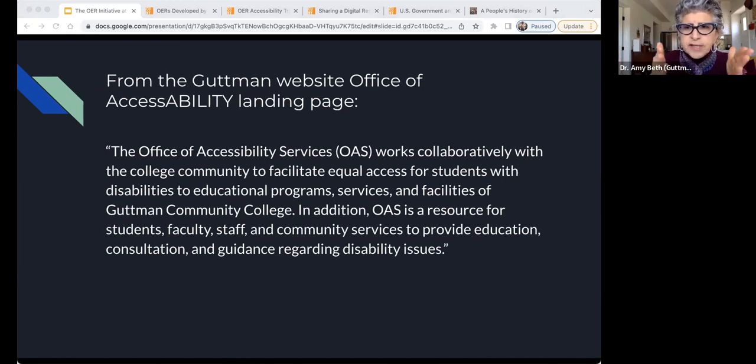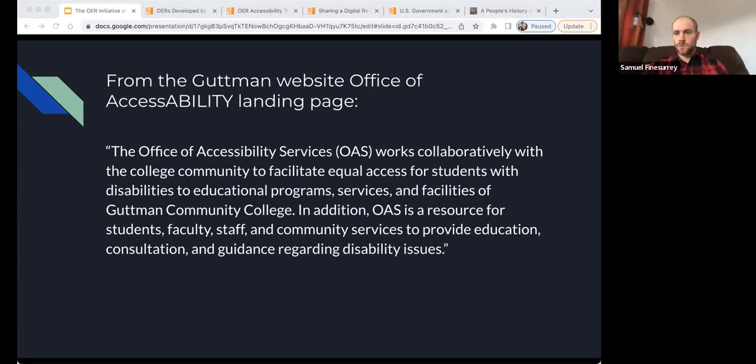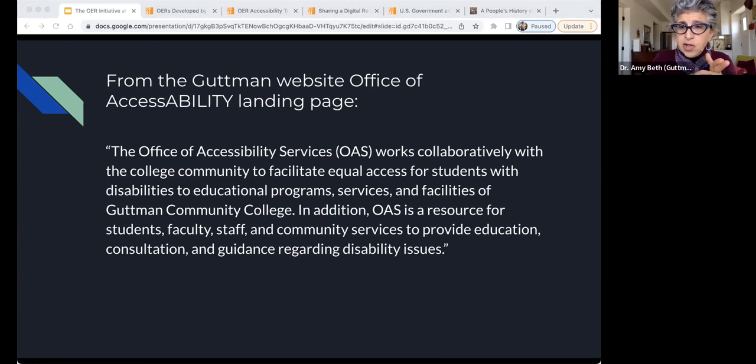The core of the work that they do is making sure that students have the right supplemental technologies, making sure that their courses are paired with what their challenges are so that they can succeed in their courses. Now, of course, the faculty member is involved in that, but they really work at the user end, just to keep that in perspective.